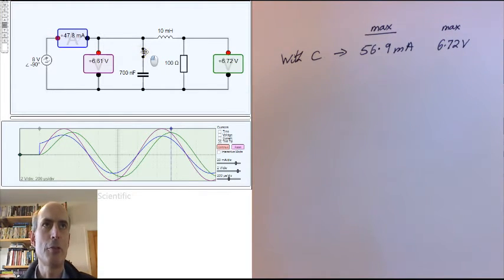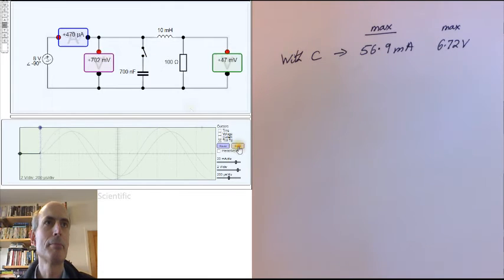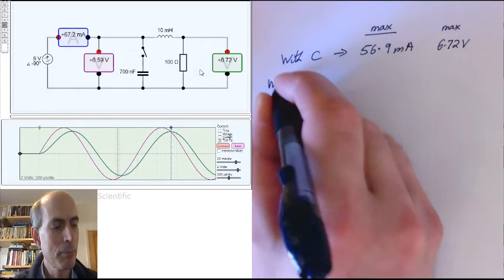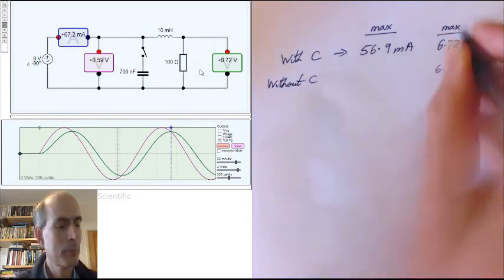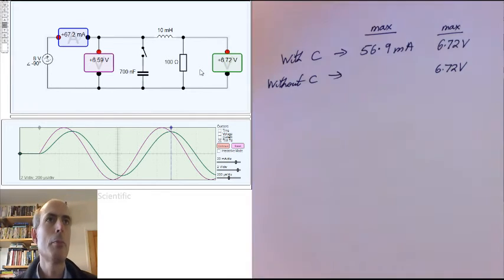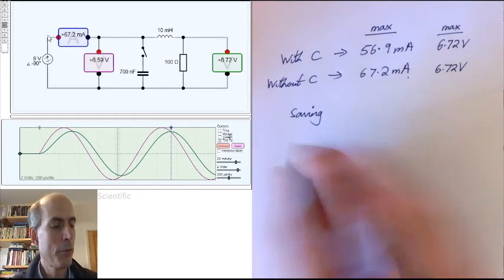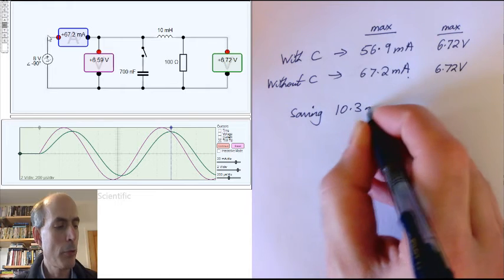Without the compensation capacitor in the network, we have a maximum value of the voltage across the resistor, 6.72, exactly the same. But the maximum value of the current that we have to send through the network in order to get that power is 67.2. We have saved about 10.3 milliamps.